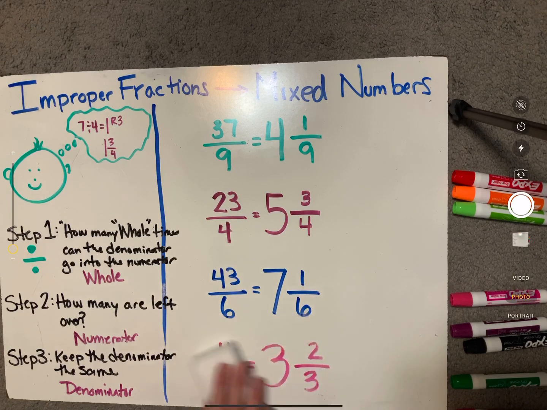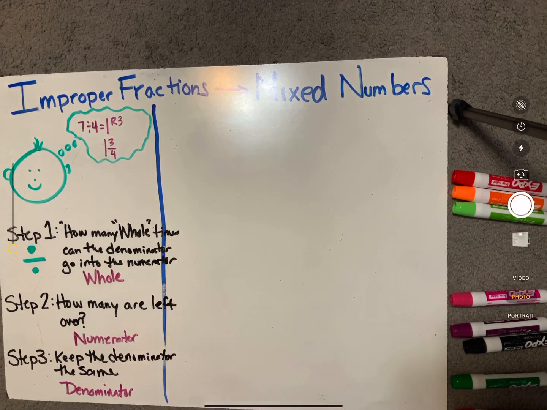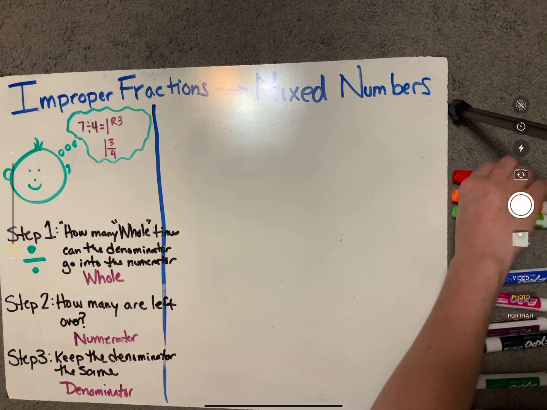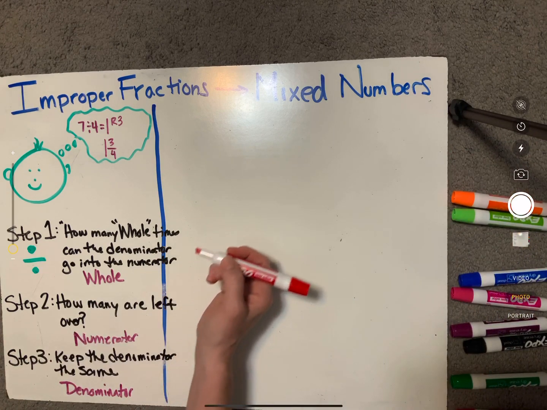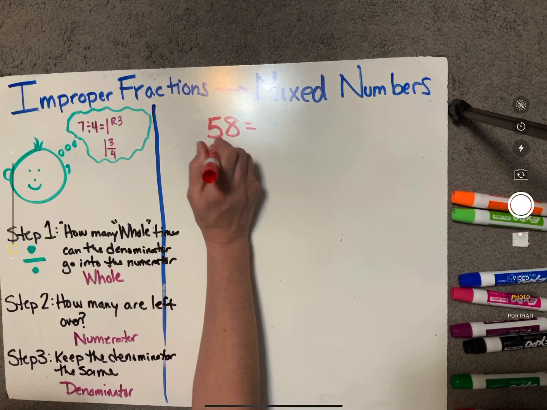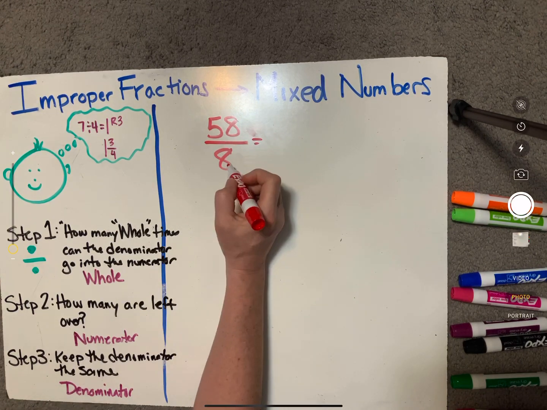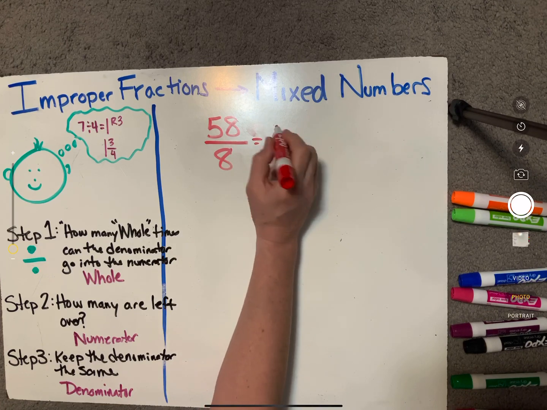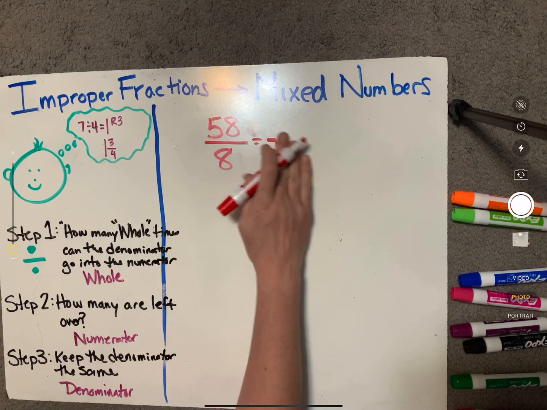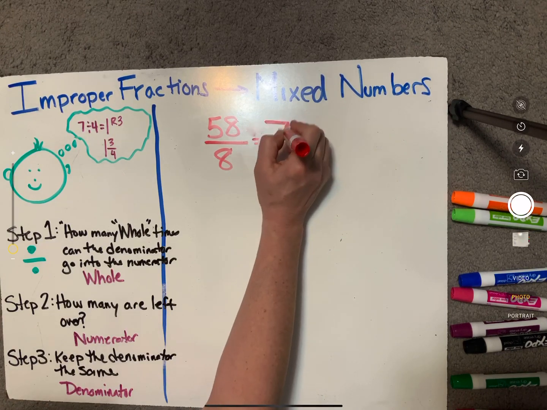I'm going to show you a couple where we would use our skills of reducing to actually reduce these down. So let's do 58 over 8. How many times will 8 go into 58? It goes in 7 whole times.